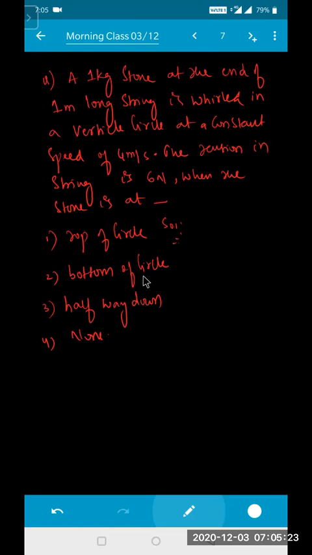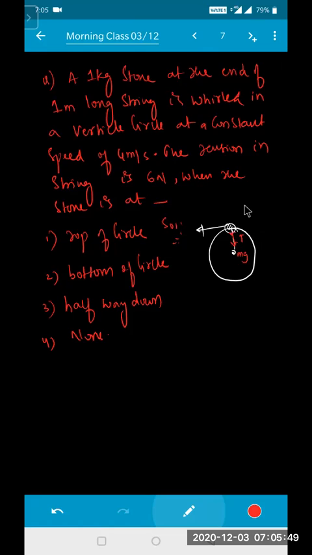If it is at the top or bottom, if this is your string right now, and it is at the topmost position somewhere like this, the velocity is in this direction. Where is the weight of this one? Weight of the body is in the downward direction, mg, and tension is also acting in the downward direction.